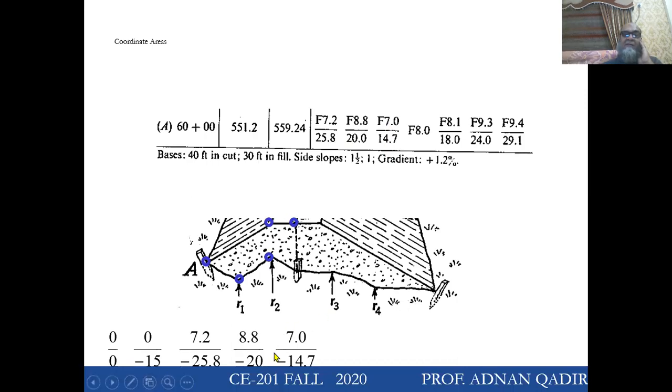Again this will be like this, and this point is 8.0, right? And this point is 8.0. Actually what we have done, we have got some confusion over writing here.